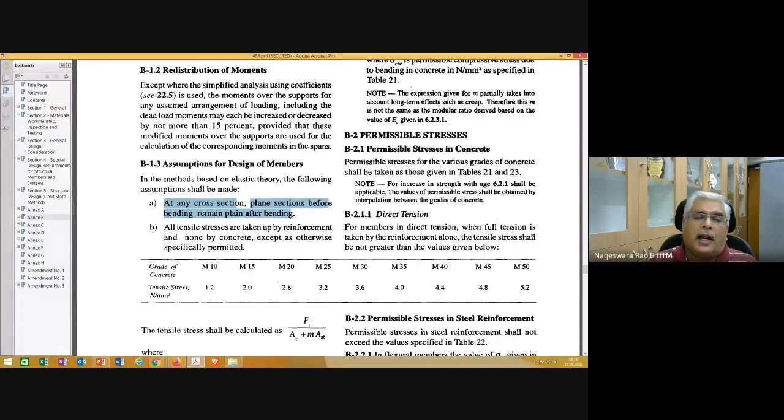The next point is that all the tensile stresses are taken up by the reinforcement, none by the concrete, except as otherwise specifically permitted. So this is the second assumption.